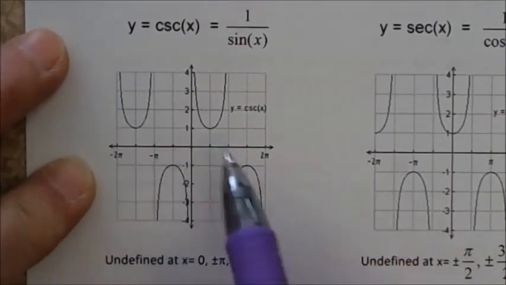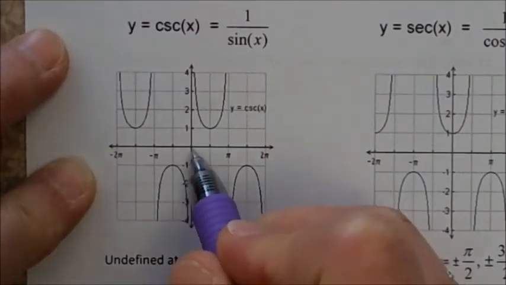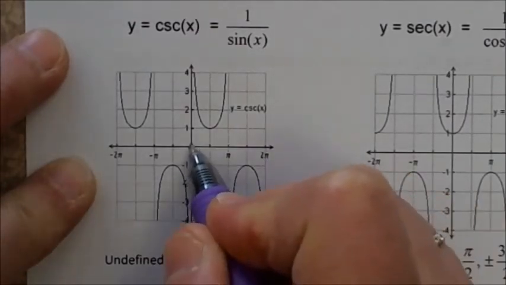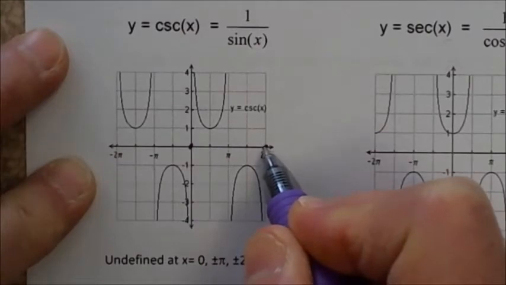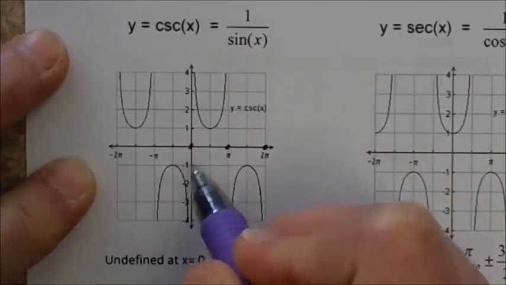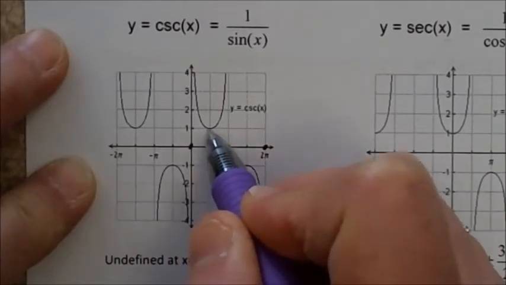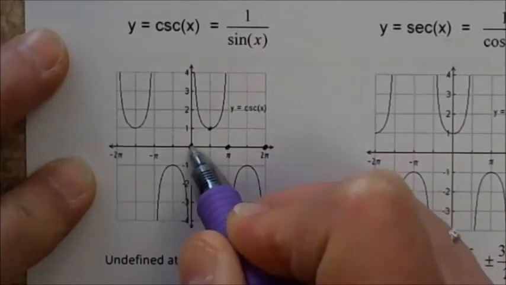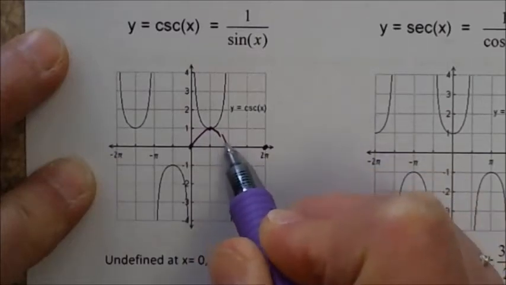Let's look at y equals sine x first. All right, y equals sine x would start at 0, 0, 2 pi, a y value of 0, midway between at pi, 0, and then at pi over 2, it'd be up at 1. So this is what y equals sine x looks like.